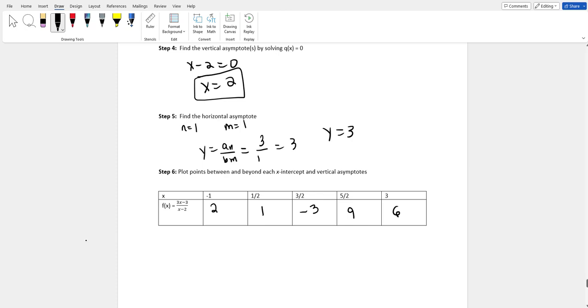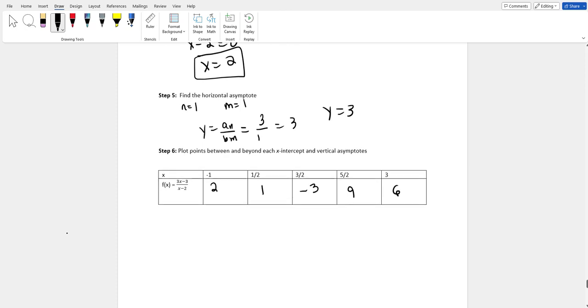The one thing I do want to concentrate on will maybe be these fractions. So let's say we did x is equal to 3/2. You get 3 times 3 over 2 minus 3 all over 3 over 2 minus 2. So that seems quite messy, but if you get your calculator to do it, it'll work out. So you'll likely get a fraction up here at the top.